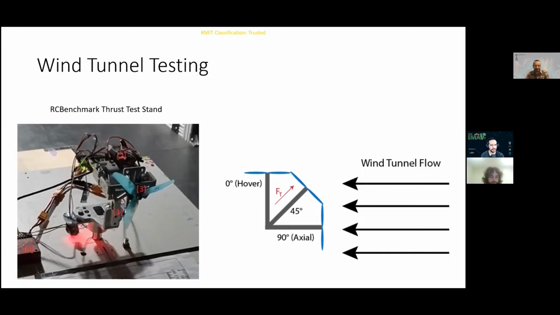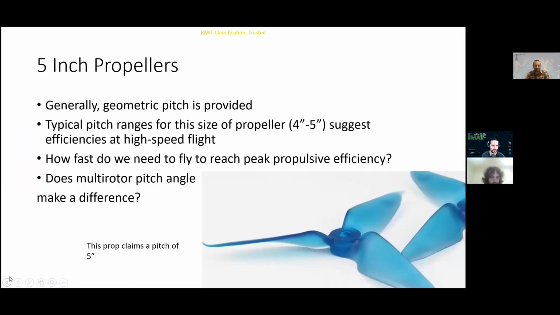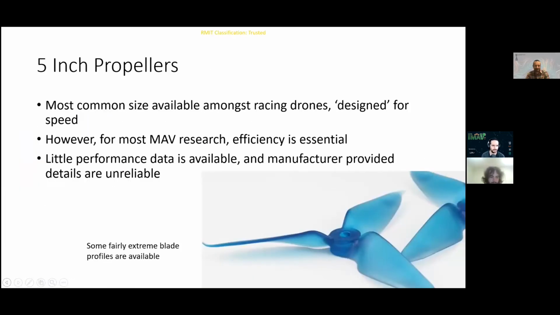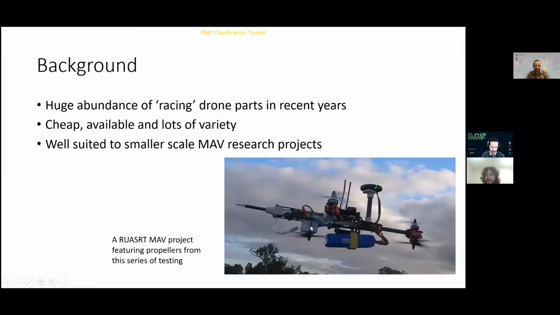So that aircraft that I mentioned at the start, I'll grab the image again. Thank you. This actually came from our flight testing. That aircraft is flown directly into wind, and it does that at about 15 meters a second.